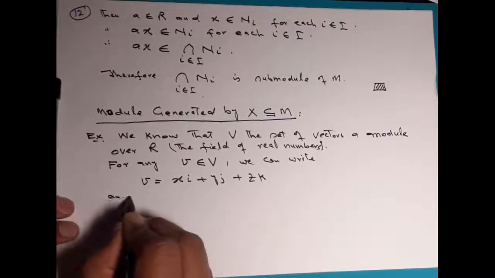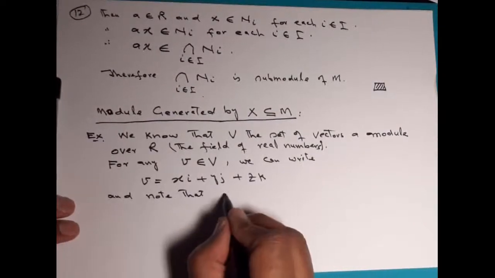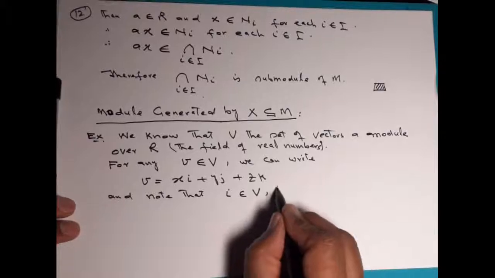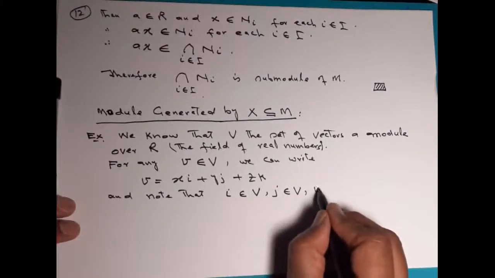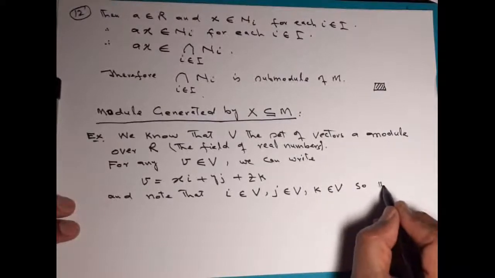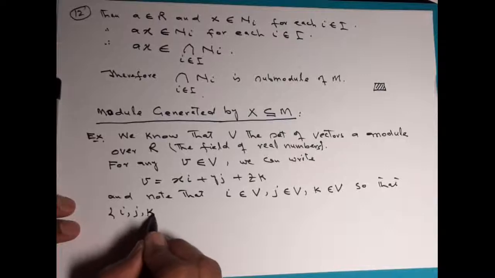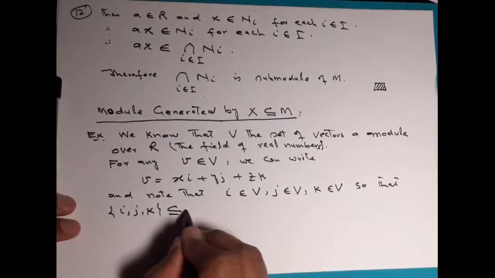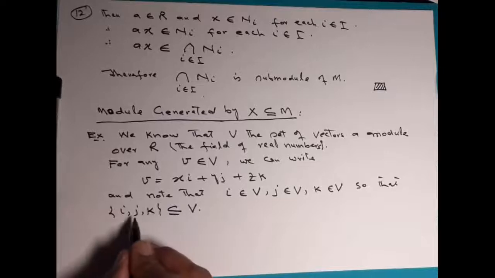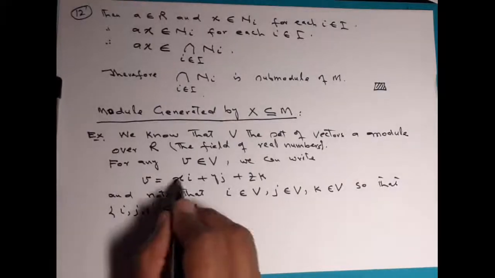And note that i belongs to this V, the set of vectors, j belongs to this set of vectors, and k belongs to this set, because i, j, k are also vectors, so that this set {i, j, k} is a subset of V. So what we are saying is that we have a subset of V such that every vector of V can be written as, we call it a linear combination.